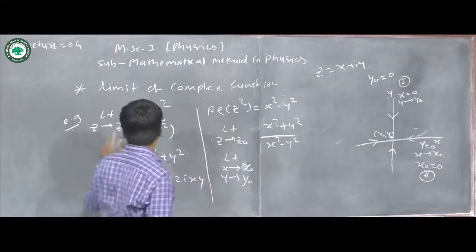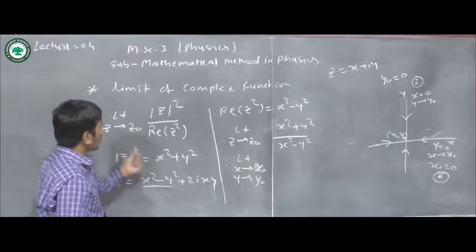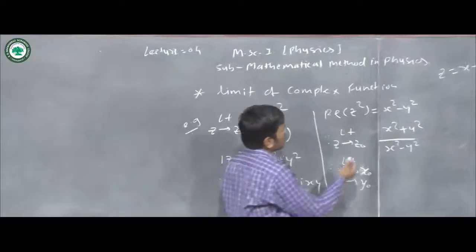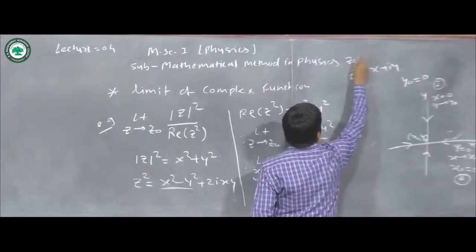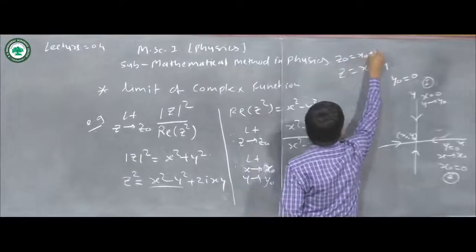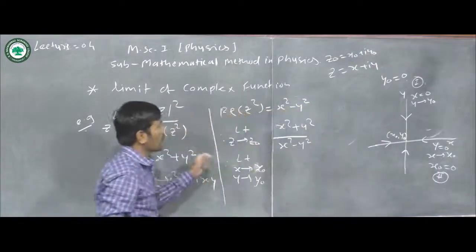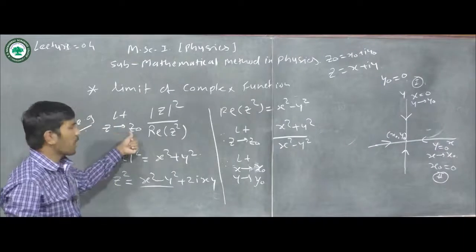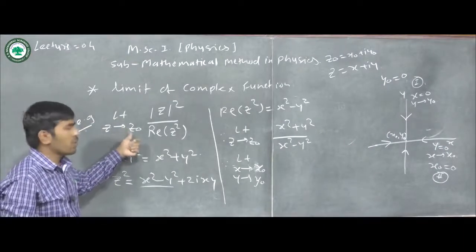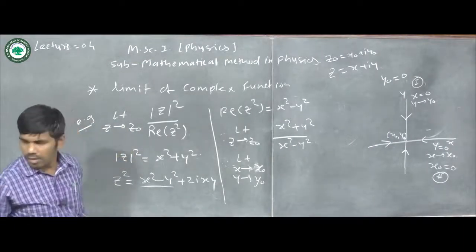Okay, so z naught we can write as x naught plus i into y naught, like this. And I am considering x naught and y naught equal to 0. So you can write directly that z is approaching 0 also.